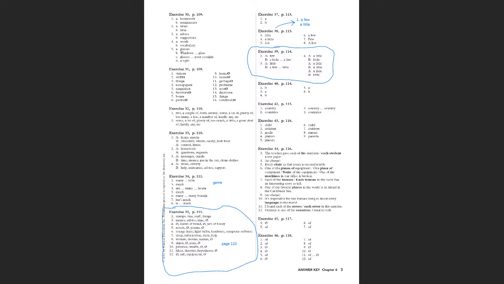Now back to number 2, you should have few. It says he has few friends. And then you put a little and a few in part B: give it a little time in a few months.